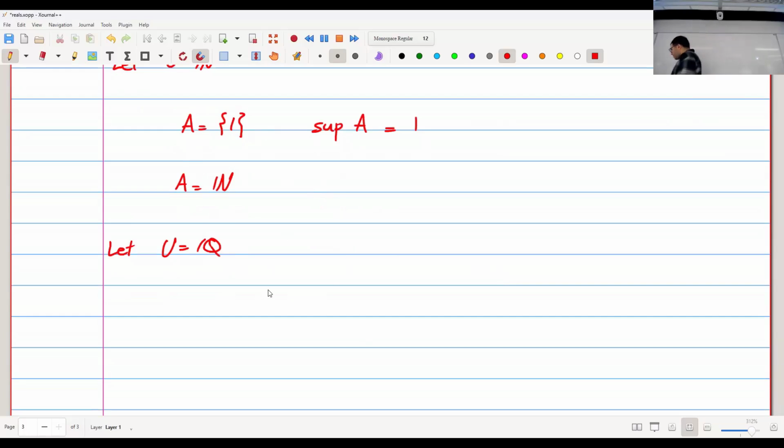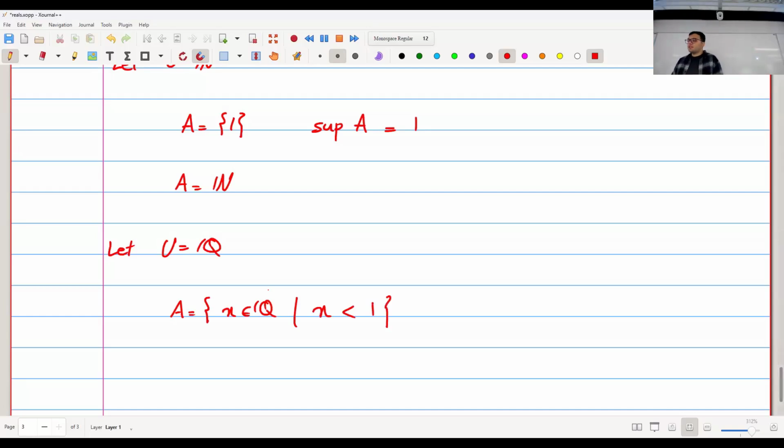Give me a set that has a supremum, but doesn't include its own supremum. Well, we can make many of these, but let's say I take the set A of all the numbers in Q that are less than 1.